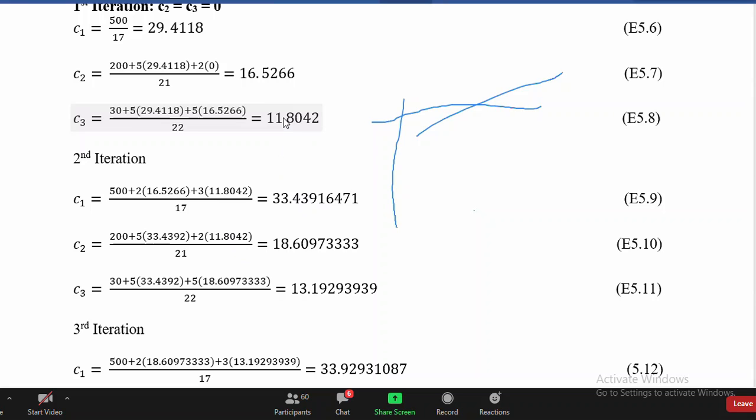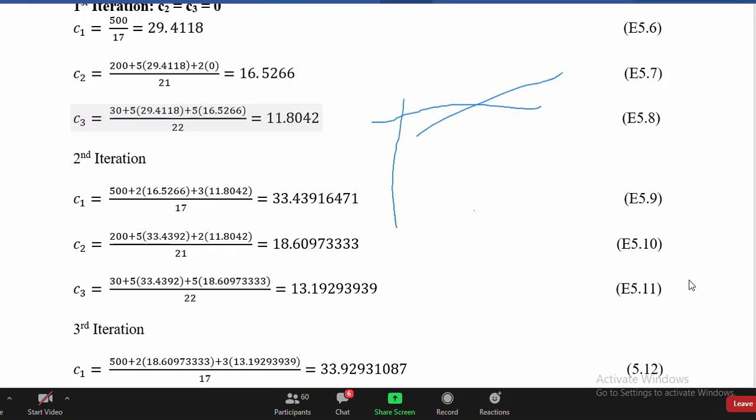We maintain c3, the previous one we have calculated. We substitute it here to calculate c2. Now we have c2, we have c1. We substitute immediately.